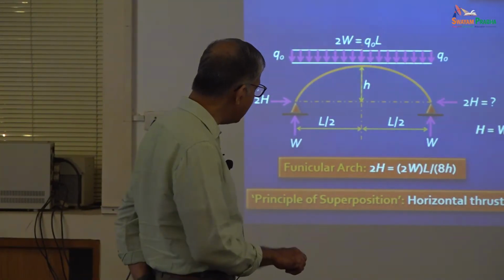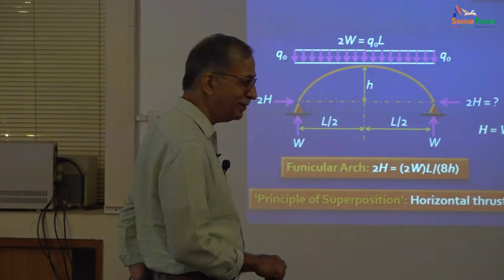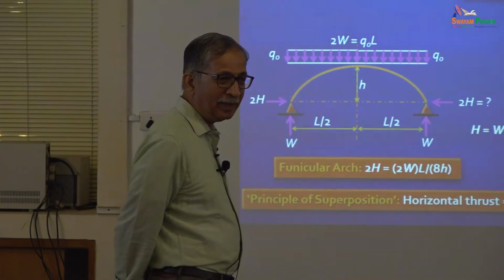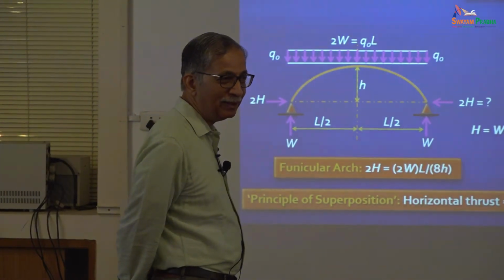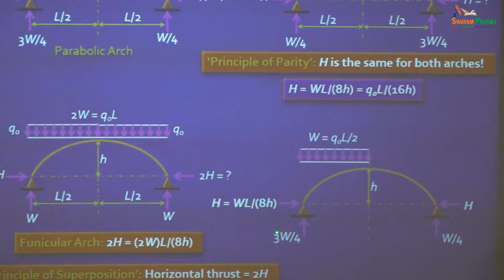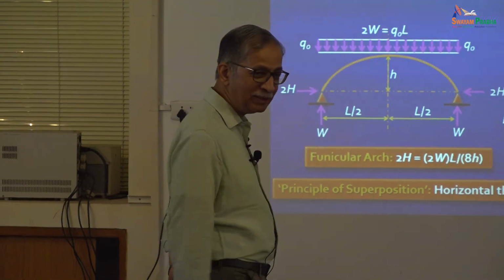In this entire region it will be 0? Why? Because, okay, here where is the bending moment 0? Everywhere, because it's funicular. So we're saying this looks exactly like this, so this whole side should be free of moment and this side should be full of moment, is it? What logic is that?